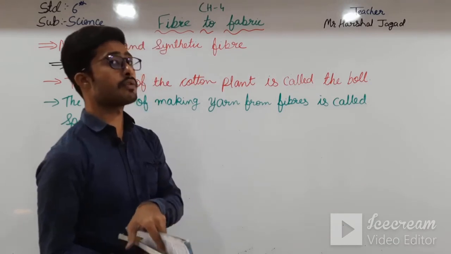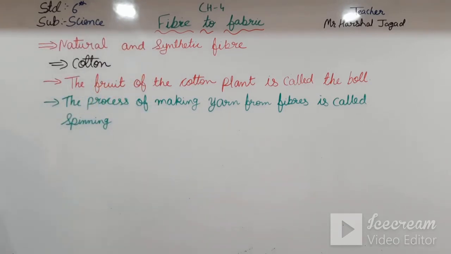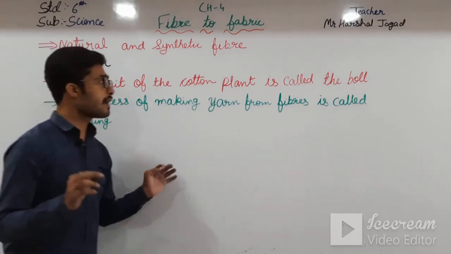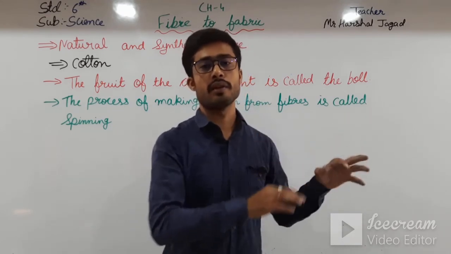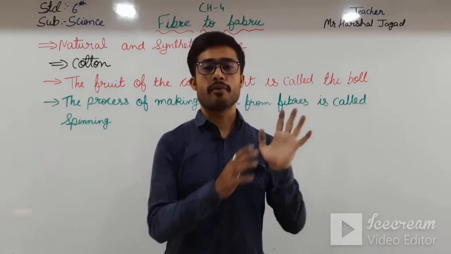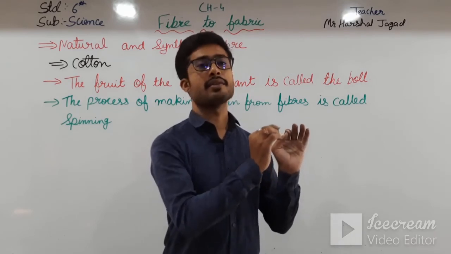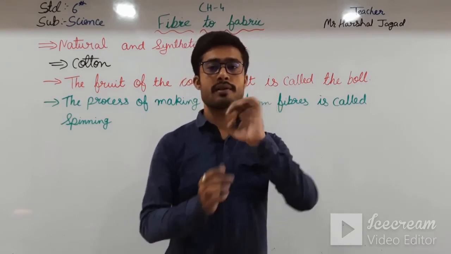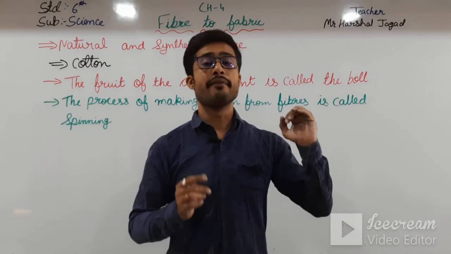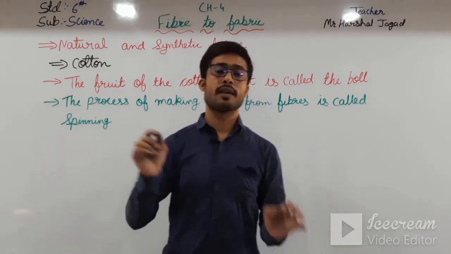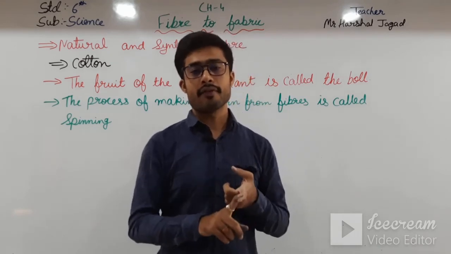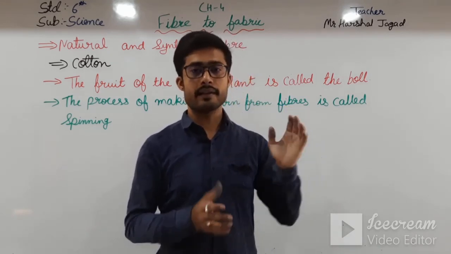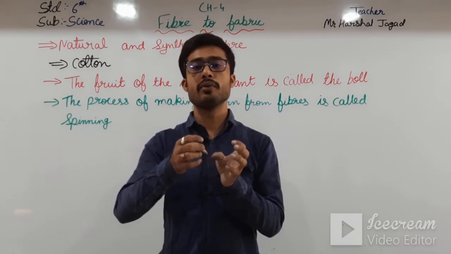Okay students, I am telling it in simple words so you can understand easily. First of all, when the cotton is grown and it is ready, then the bolls are separated from it, by the process you saw in the figure. Then, once these are separated, the cotton is converted into yarn.